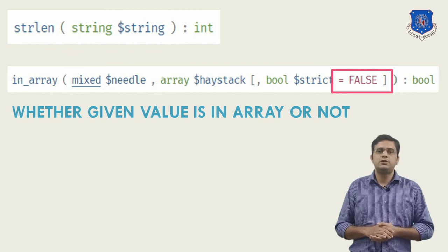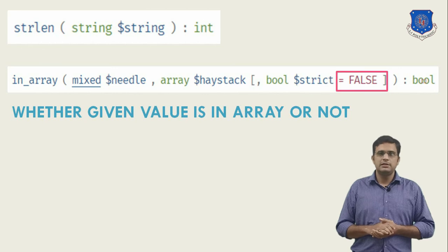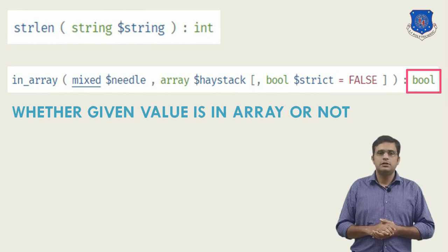You can set it to true if you want to compare value and data type both. And at last, the function returns either true or false, which is a Boolean data type as mentioned here in the syntax.